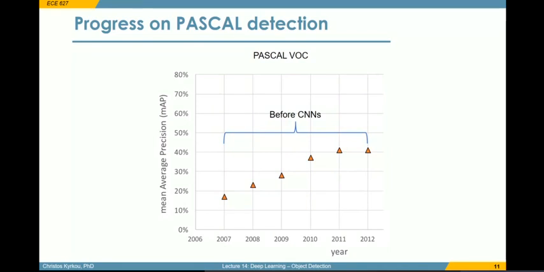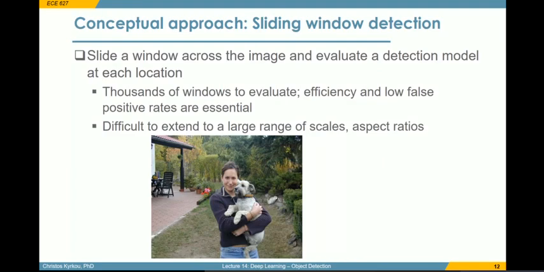But first, it's good to remember what the typical process of an object detection system is. Usually detection is broken down into smaller classification tasks.